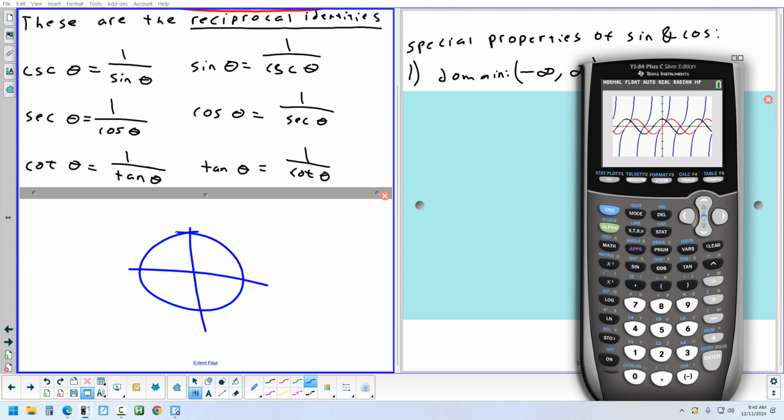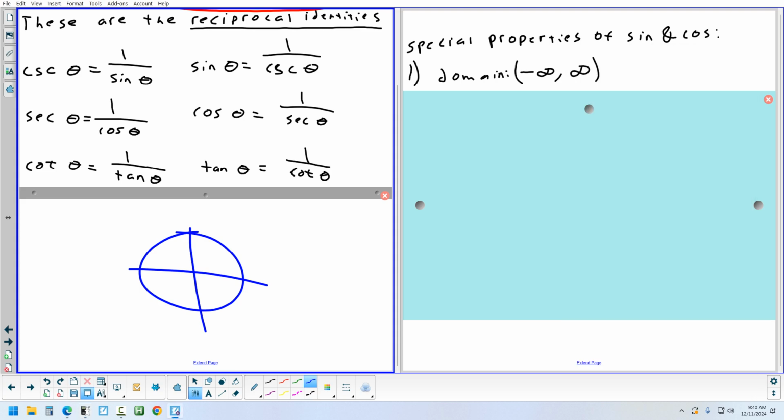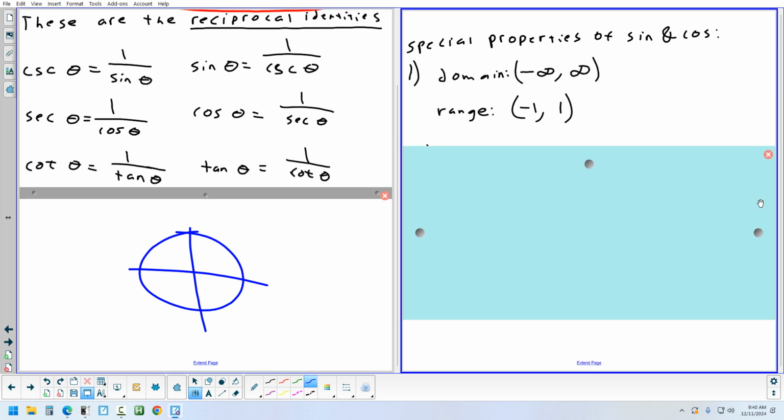What's the farthest left that you can go and still stay on that circle? -1. What's the farthest right? 1. So because 1 and -1 is the limit to what x and y can be, that has to do with why x and y stays between 1 and -1 in that picture, up and down. Okay, so the range is between -1 and 1.